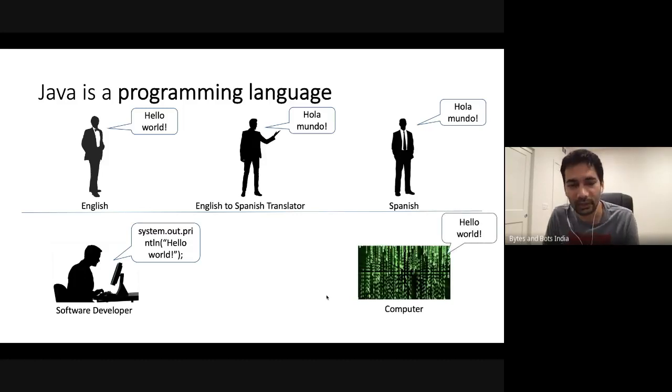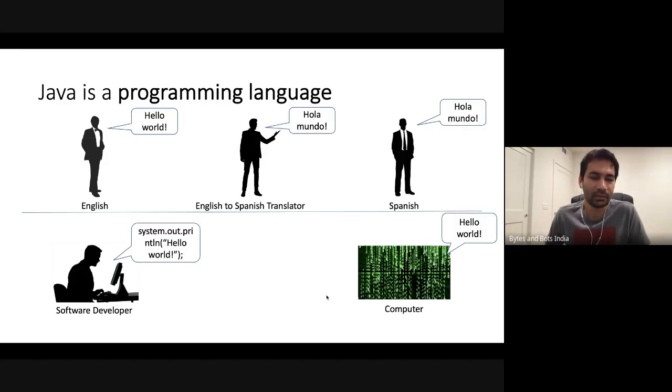It's a language wherein a software developer writes a program in English-type language, which they can understand. But a computer can understand only binary, which is sequences of zeros and ones, and it is impossible for a programmer to write logic in zeros and ones. It's too complex.